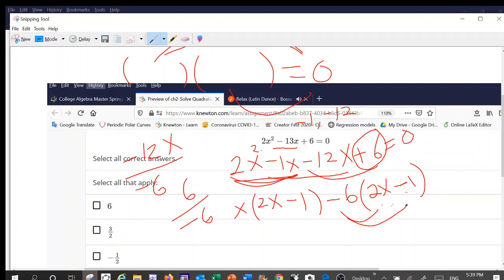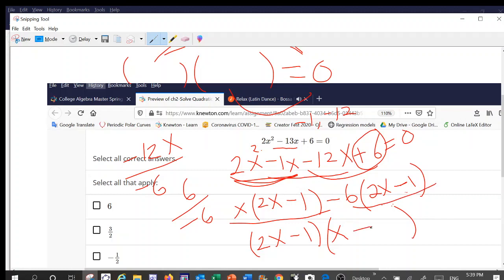But the good thing is that now we can think of these two, and see what they have in common. What they have in common is 2x minus 1. And if you take 2x minus 1 out of this, you get x. You take 2x minus 1 out of that, you get minus 6. So the two factors are those two, right?